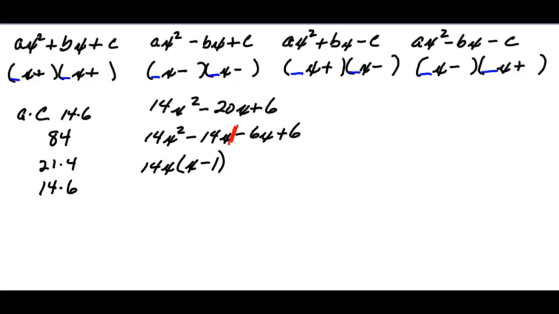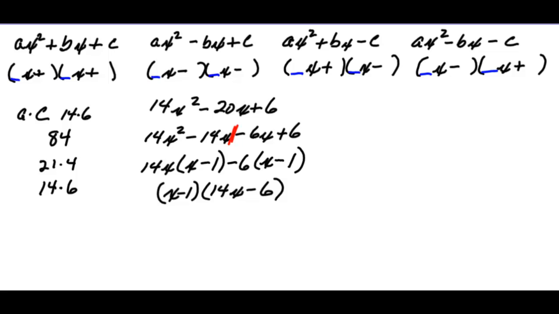In our second two, however, if we just pulled out 6, then we'd have negative x plus 6. We want it the other way around. So what we're going to do is we're going to pull out that negative. That's why we had that lesson earlier on pulling out a negative factor. If we pull out a negative 6, what we have now is x minus 1. Just remember that sign changes when you pull out the negative. Now what we end up with is x minus 1 times 14x minus 6.